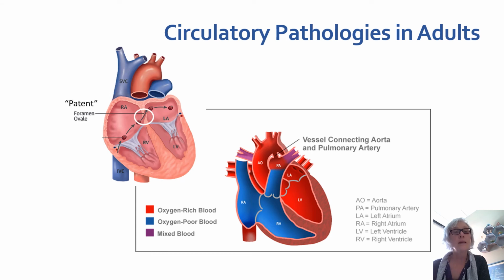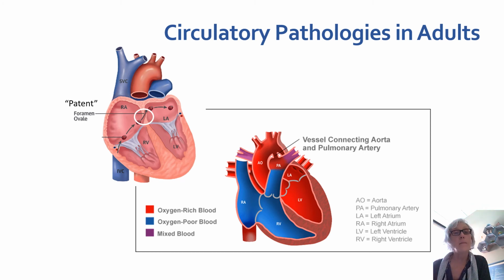This is termed a patent foramen ovale, and in common language is frequently referred to as a hole in the heart that can be surgically remedied, oftentimes during childhood, but sometimes these patent foramen ovales are not noticed until adulthood.